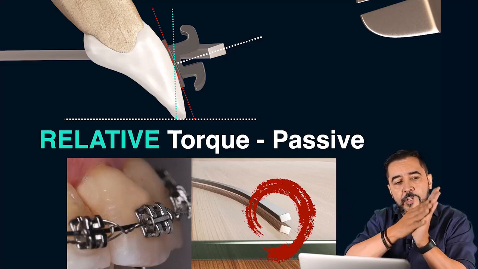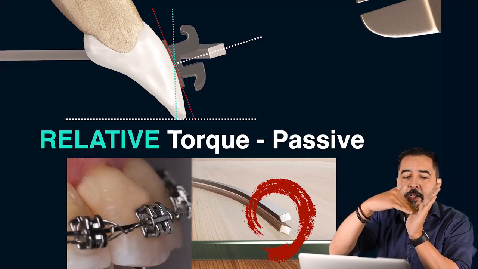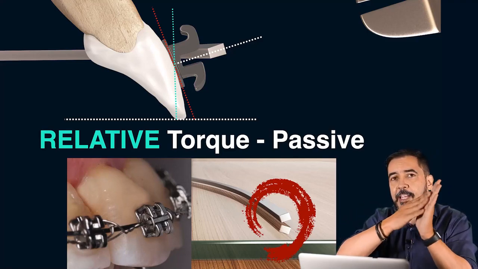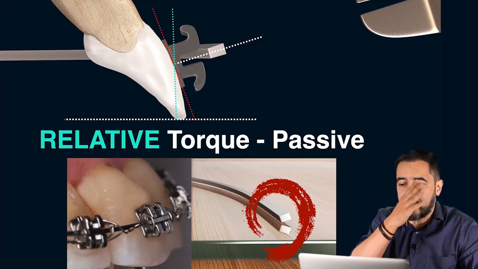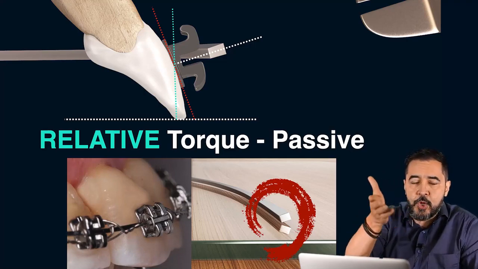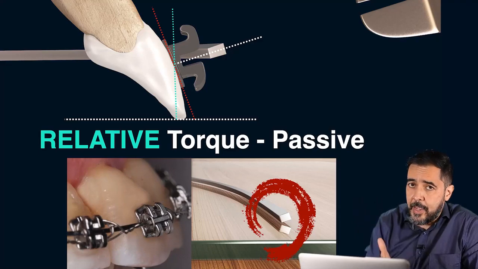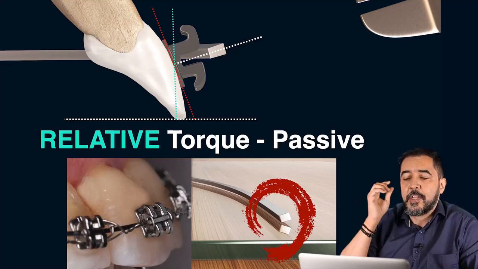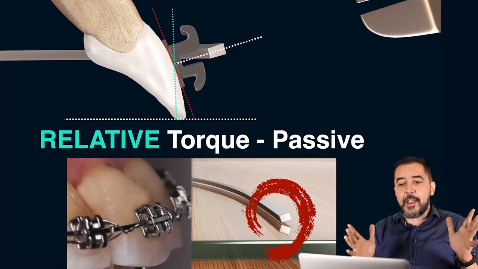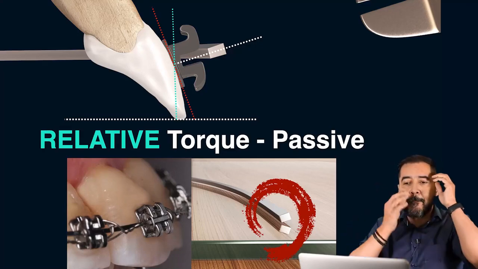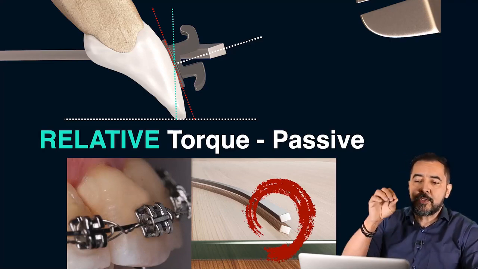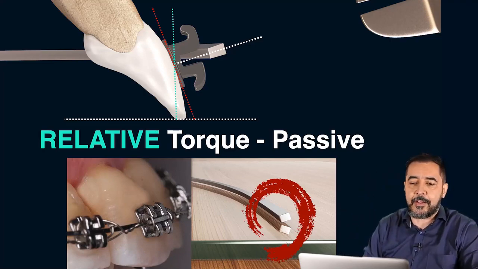The buccal surface of the crown has some inclination, and the slot will be at the same inclination because it's 90 degrees against its base. So they don't have compensatory inclinations. As we know, edgewise brackets don't have compensatory inclinations. Just to simplify our mental exercise, we're going to think of this case using an edgewise bracket.